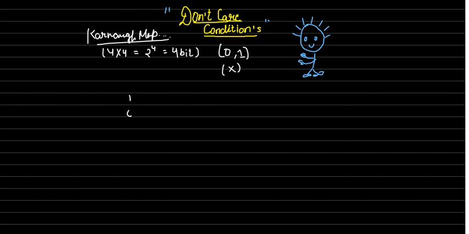1 0 0 1, and this one be 1 x 0 0, and then let's take x x 1 1, and finally we have 1 0 0, and let's take 1. Okay, so what is it? It is a Karnaugh map 4 by 4, as I have mentioned up here.